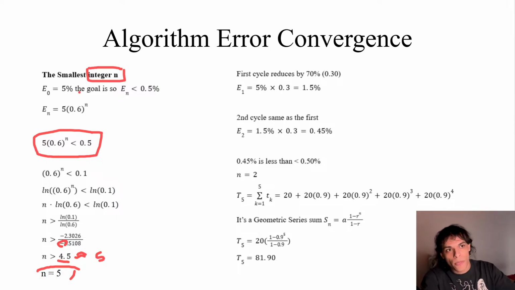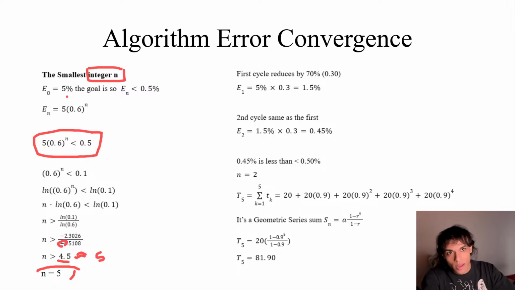And so we suggested that in the first two cycles, we are not going to use 60%. We're going to use 70% decrements, which means we basically just multiply by 0.3 directly.